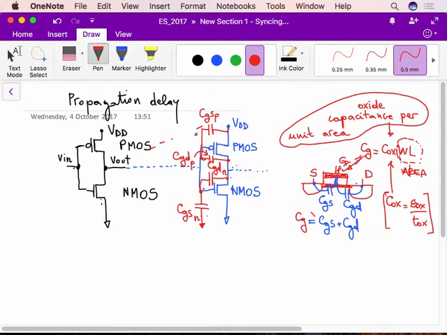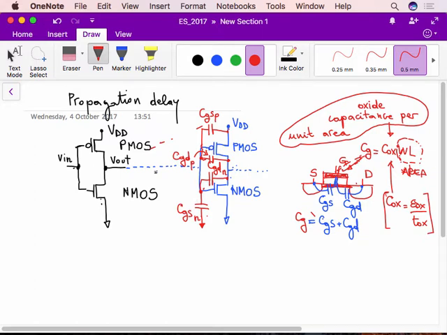Of course, these two capacitances have to be charged and discharged, because when the voltage Vout, for example, goes from VDD to 0 during a switch of the output, the capacitance CGS-N has a voltage drop from VDD to 0, and therefore has to be discharged. Okay?